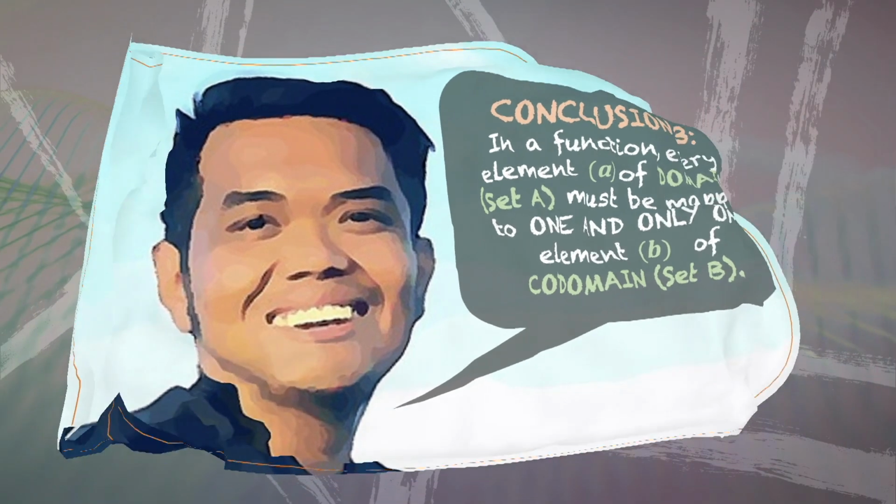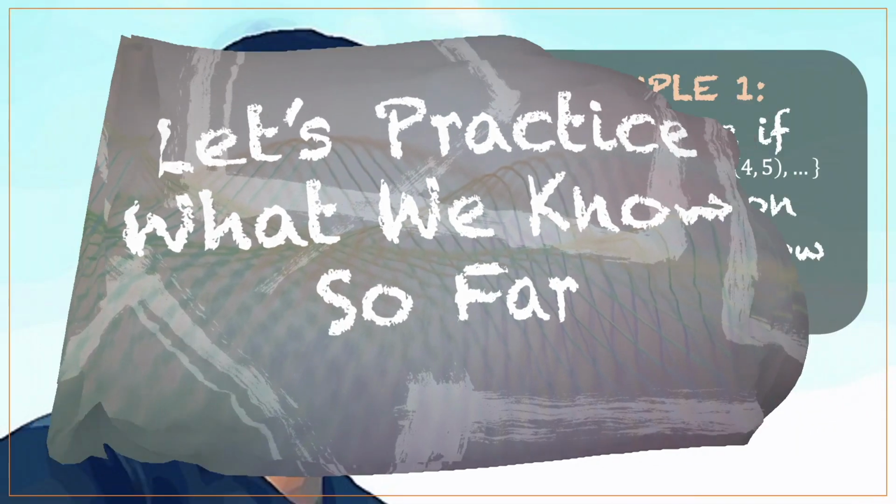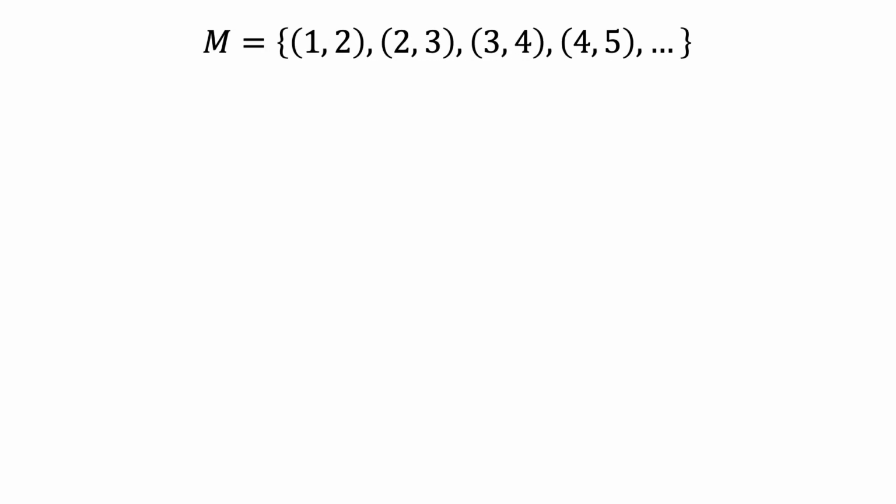Let's try example 1. It says here that we need to determine if the set of ordered pairs M equals {(1, 2), (2, 3), (3, 4), (4, 5), ...} is a function. We were asked to use the arrow diagram. From the given set of ordered pairs, I know that the elements of the domain M are the first value in each ordered pair.